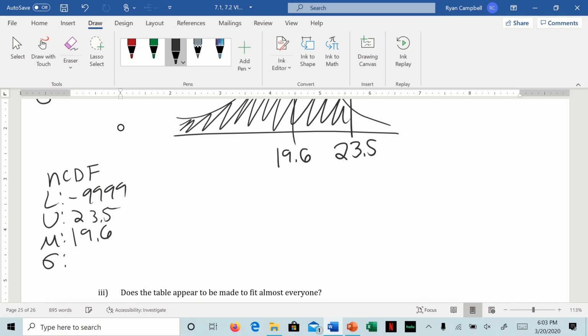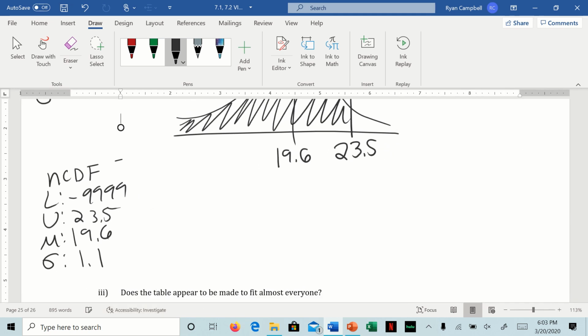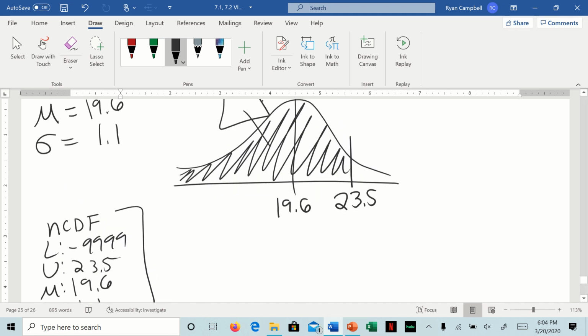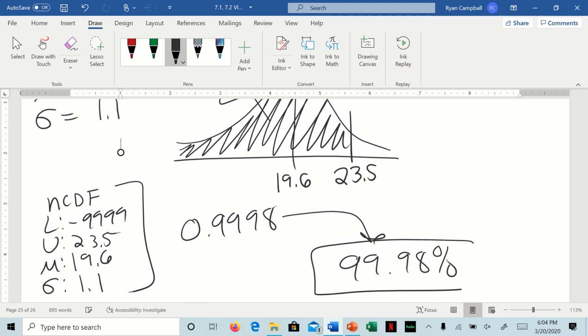Standard deviation will be 1.1. And when we type all that into our calculator, we end up with 0.9998, which as a percentage is 99.98%.